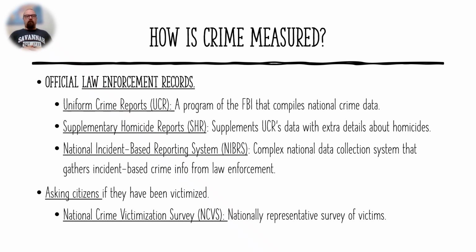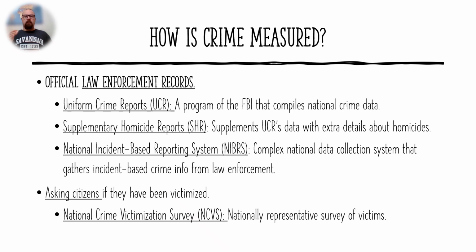Law enforcement typically will turn in data to the federal government on a yearly basis around the types of crimes, around incidents, things like that. So those tools are very specific in what data we can pull from.